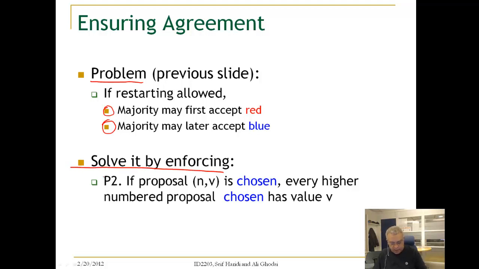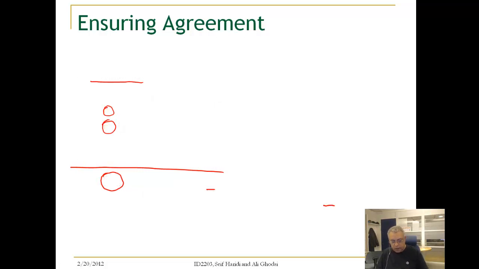Here is property P2, which says if a proposal is chosen, every higher number proposal chosen should have the same value. So if a proposal is chosen with value V, then every higher number proposal should be chosen with that value V. Remember, what we want to avoid is the following.